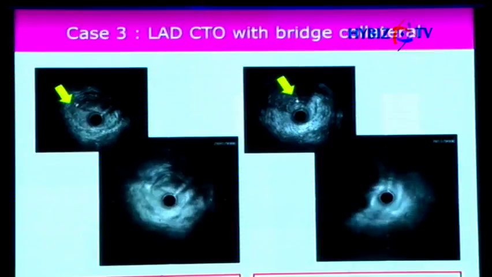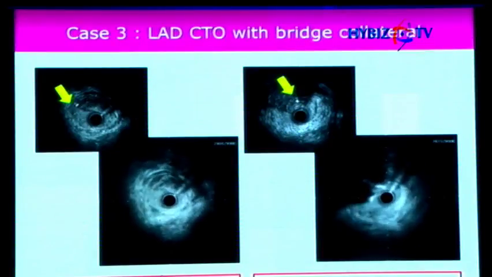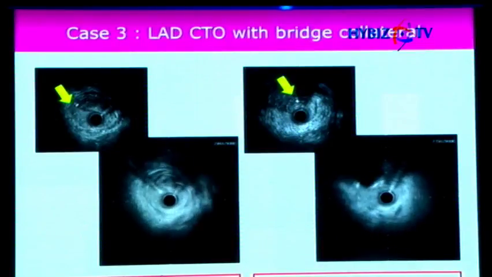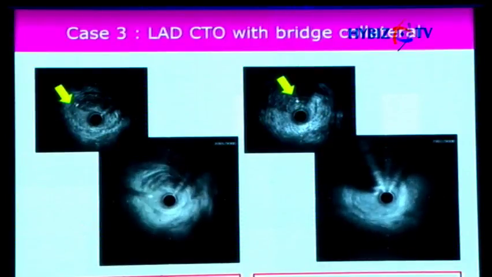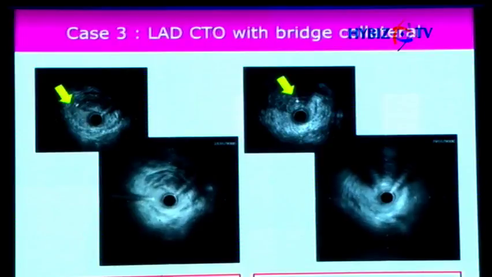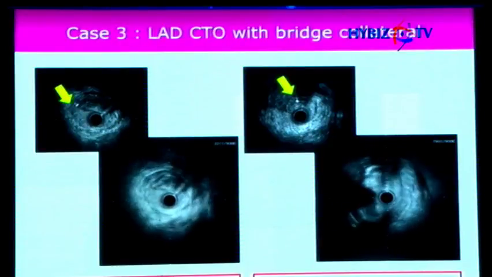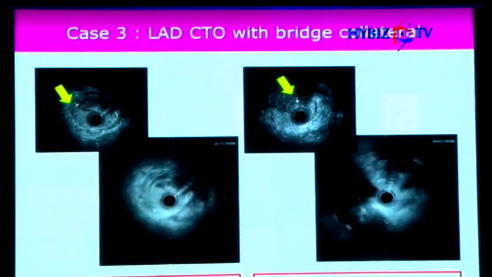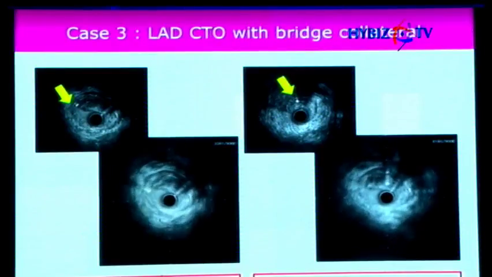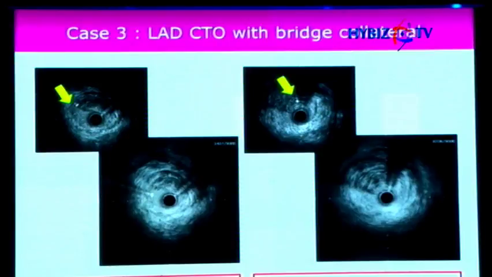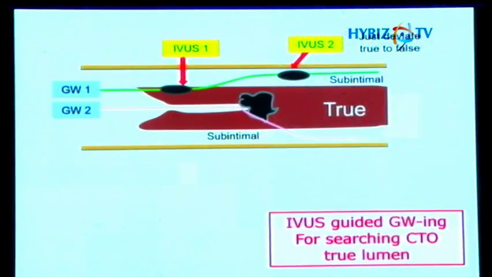The left panel shows actually the wire is floating in the false lumen, and the right panel shows so finally, now the wire is floating. Now the wire is in. But actually, this is just a schema.